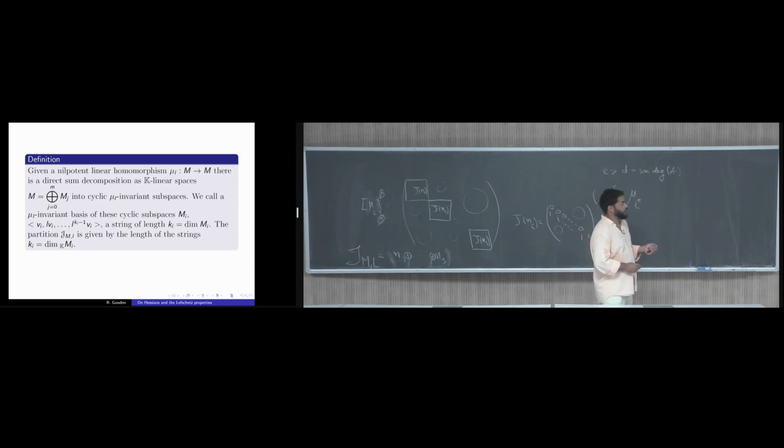So there is a direct sum decomposition as k-linear vector spaces of M into M_i, which are mu L cyclic invariant subspaces.